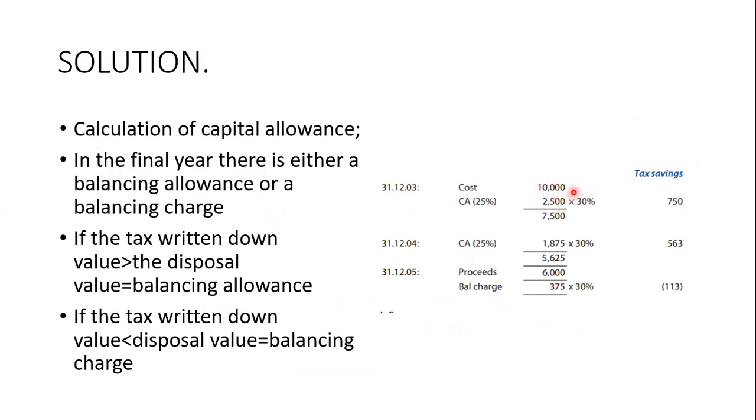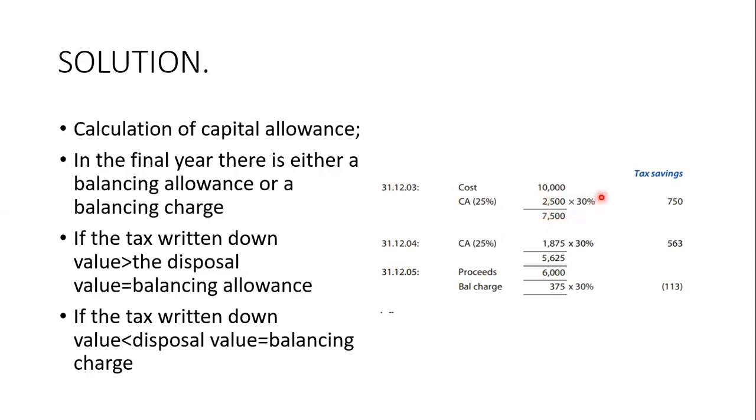So you lay it out like this. You have your cost of equipment, which is 10,000, and then the capital allowance is 25% reducing balance. So 25% of 10,000 gives you 2,500. You less the 2,500 capital allowance from the cost, and that gives you 7,500.